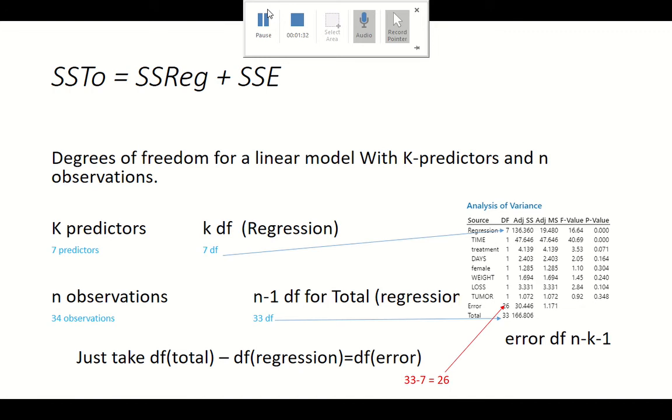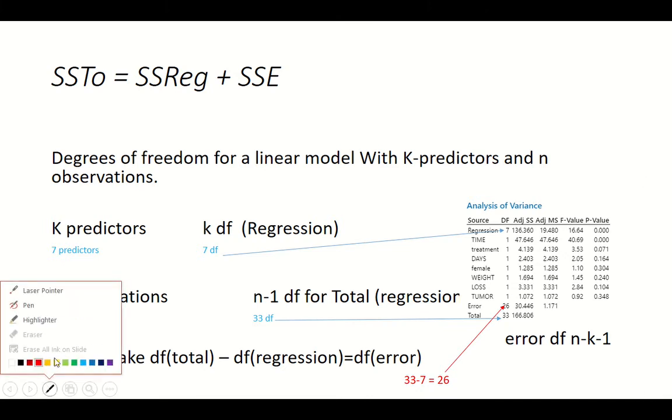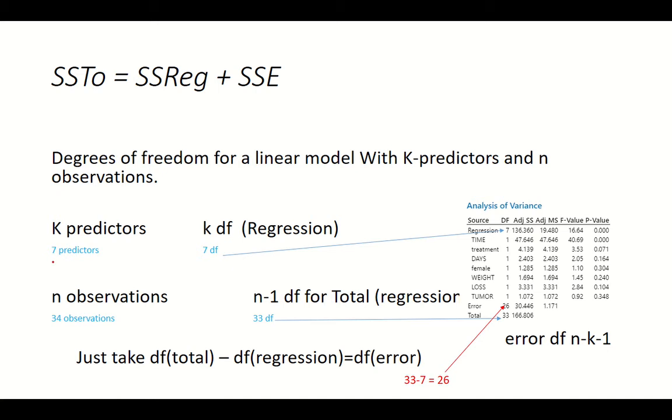So just as a reminder of how to tell what the degrees of freedom are, if you have k predictors, your regression sum of squares will be k. So like here we have 7 predictors, and over here will be the 7 degrees of freedom.